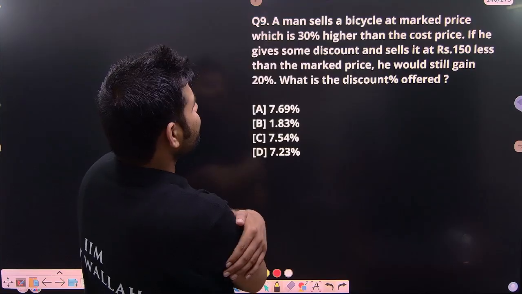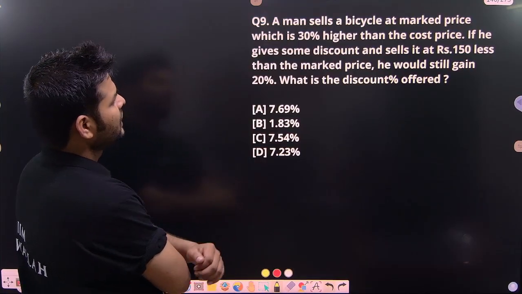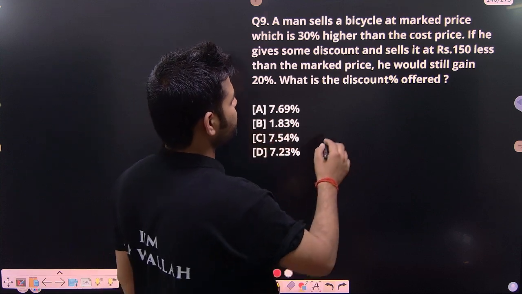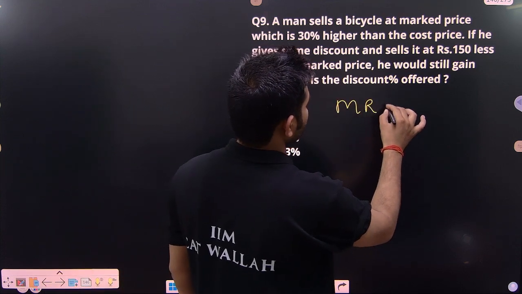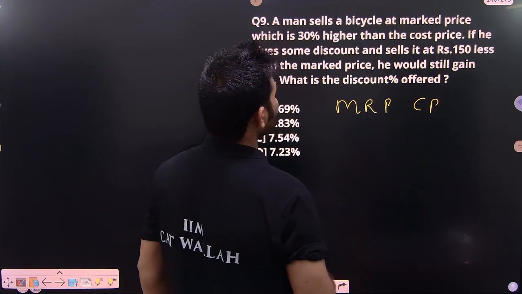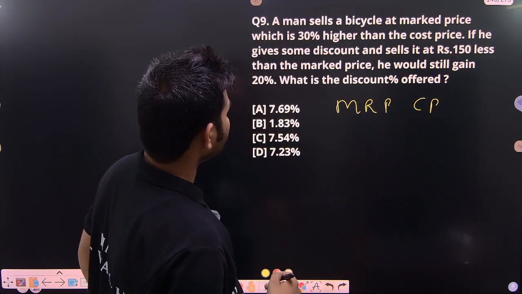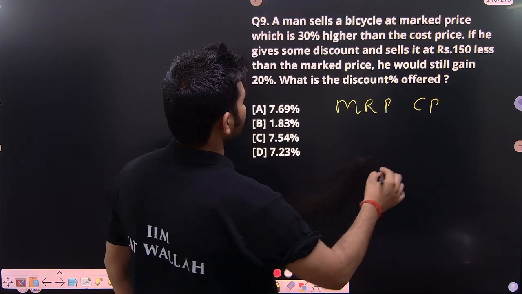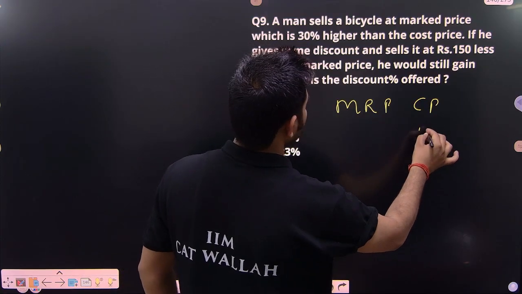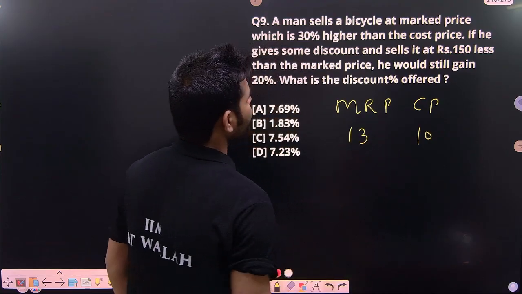A man sells a bicycle at mark price which is 30% higher than the cost price. So basically MRP, CP. So MRP is 30% higher of the cost price. So 30% means 3 by 10. That would be 13.